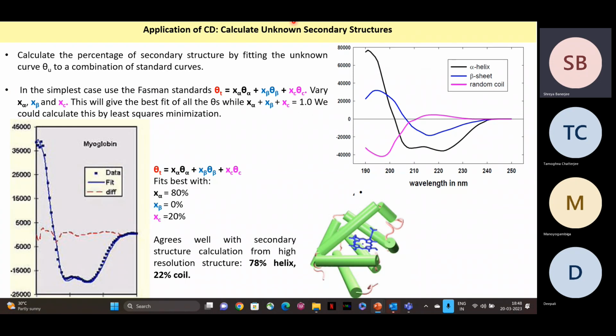If you have a protein with unknown secondary structure and you want to calculate how much percentage of that protein is alpha helix and how much is beta sheet, there is a formula for doing that.